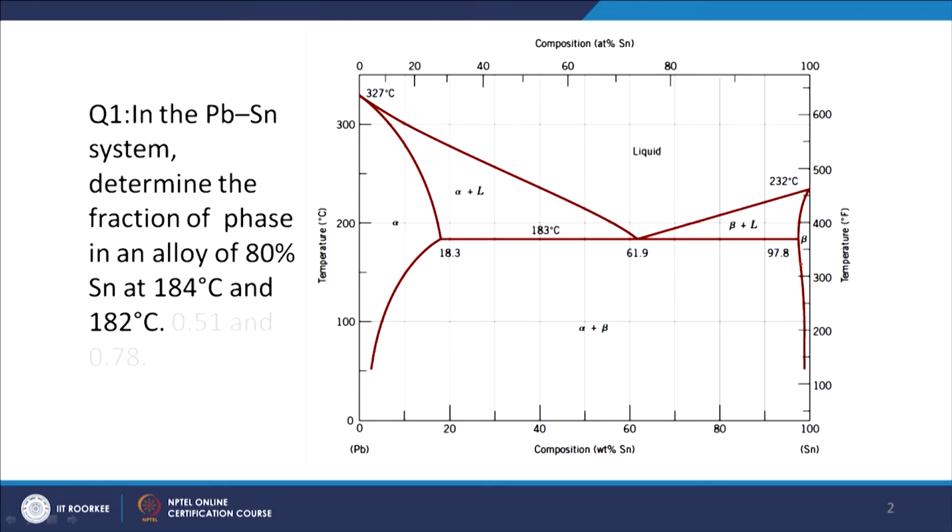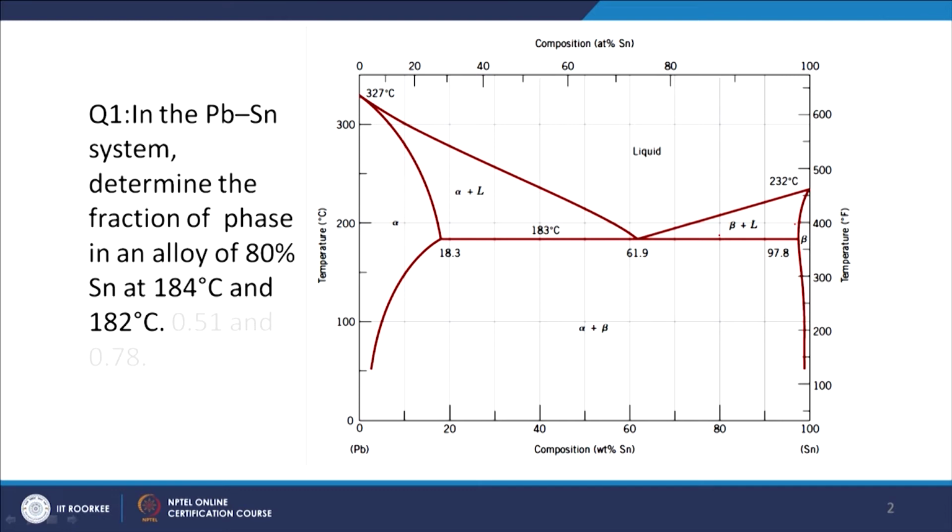Now, coming to the temperature at 184 degrees C. This will be the point, and for beta, as you know, you will have a line just above 183, and on this side it is beta. So, the amount of beta will be this distance divided by the whole distance.